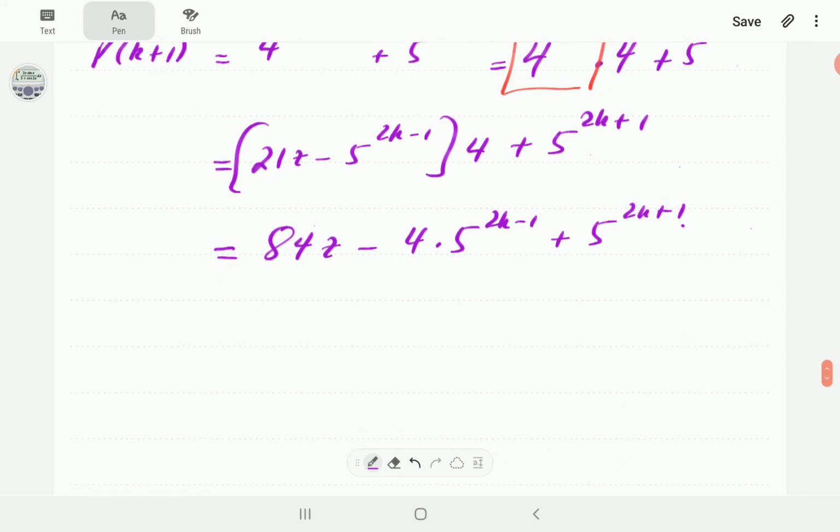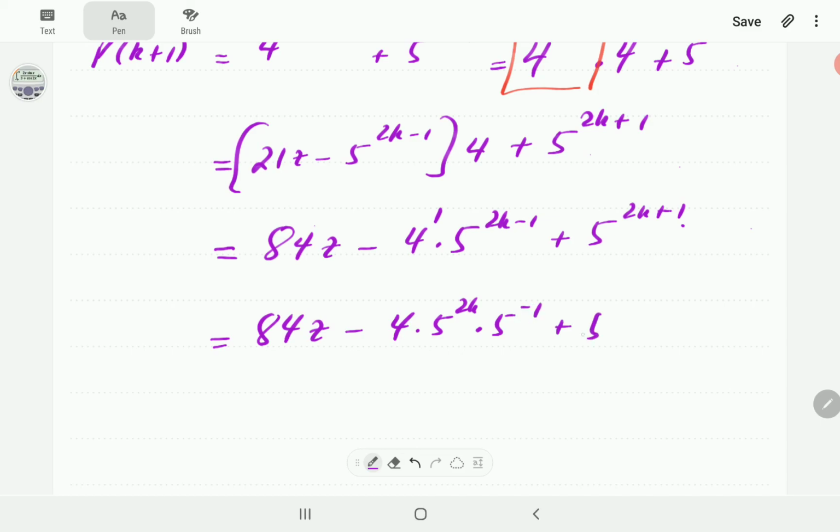So just in case you're wondering, notice that these two, we can't multiply them because the bases are different and the powers are different. This is power 1 here and this is power 2k minus 1 there. So we can't multiply them. However, what we're going to do, with 84z, is write this as 4 times 5 to the power 2k, then 5 to the power negative 1.